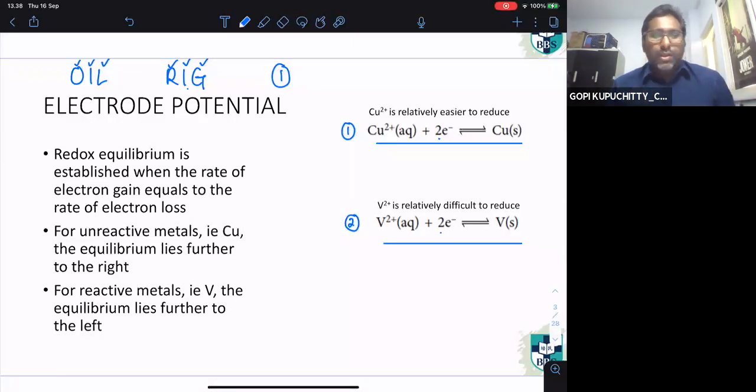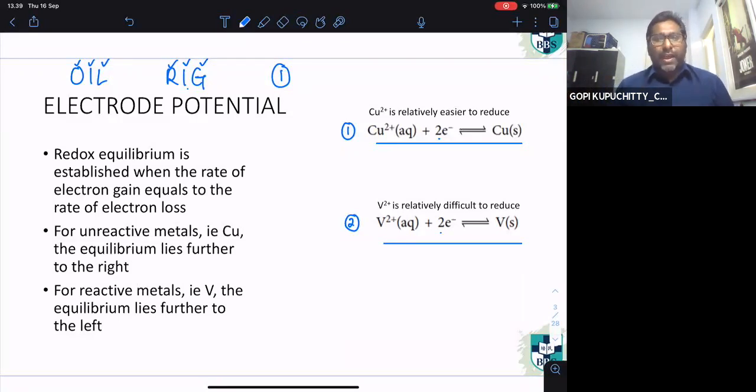Now we know copper and vanadium are metals, and metals have a tendency to lose electron. If I say copper is unreactive, it means copper is not losing electron so much.